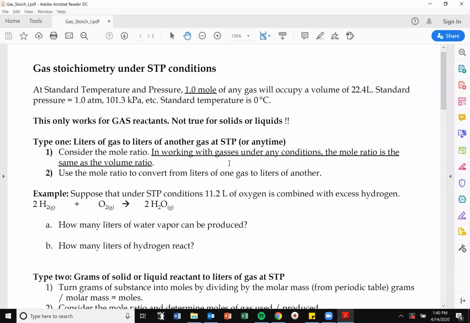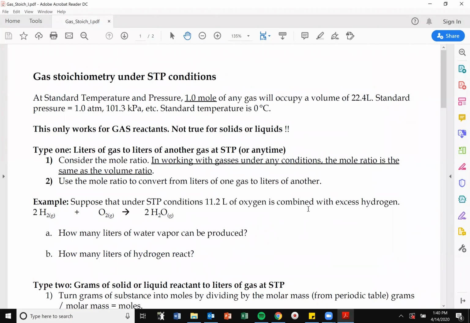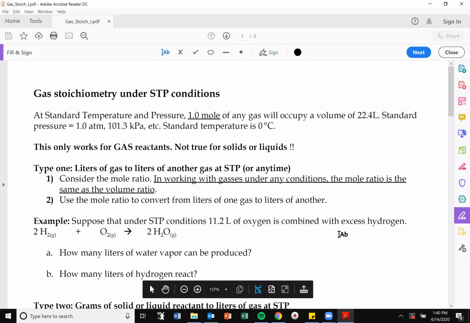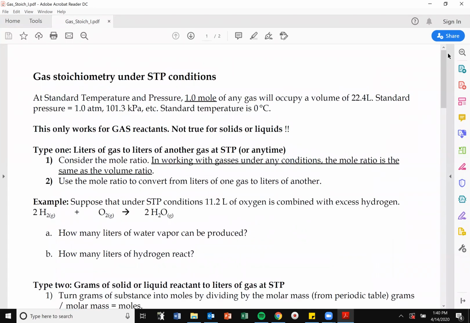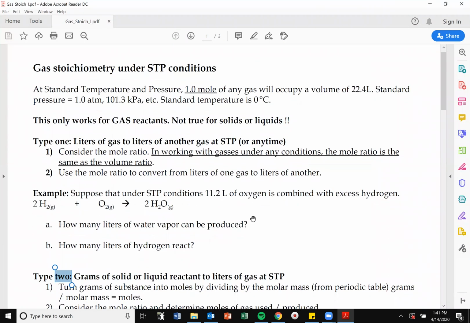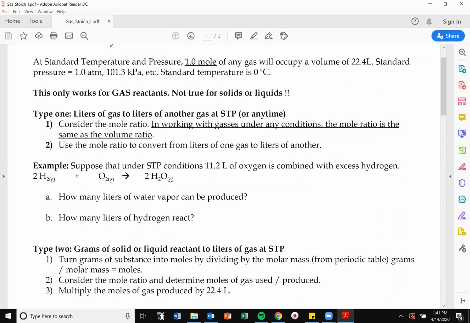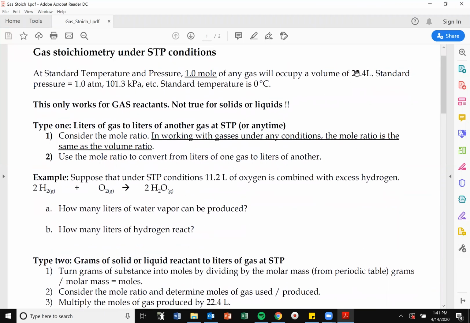The key thing that you need to know here is that for every 1 mole of gas, you have 22.4 liters.